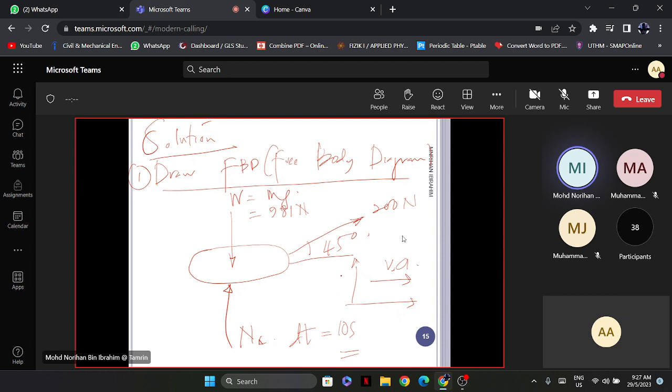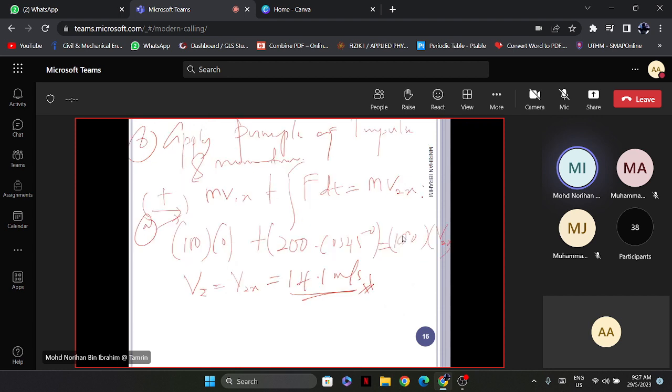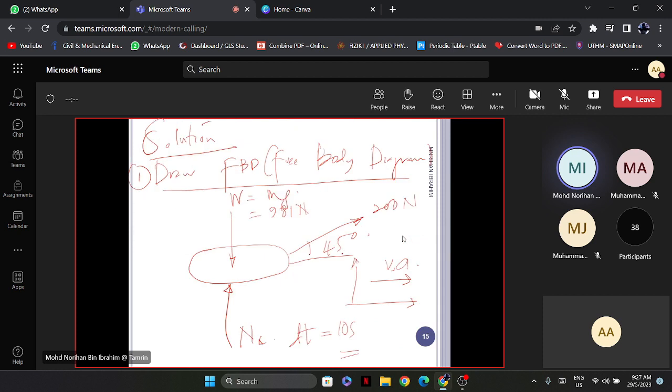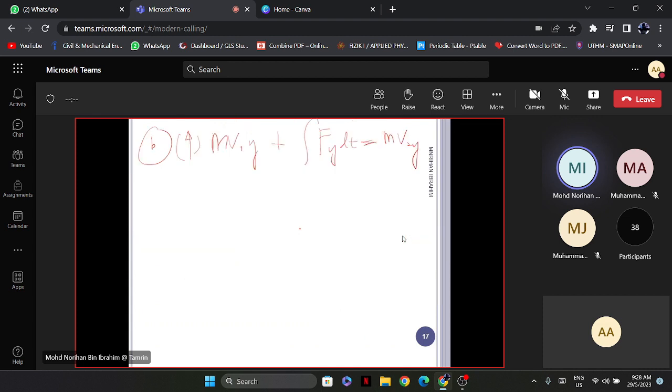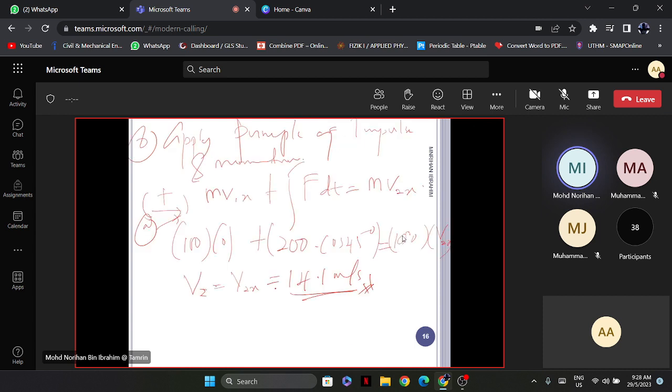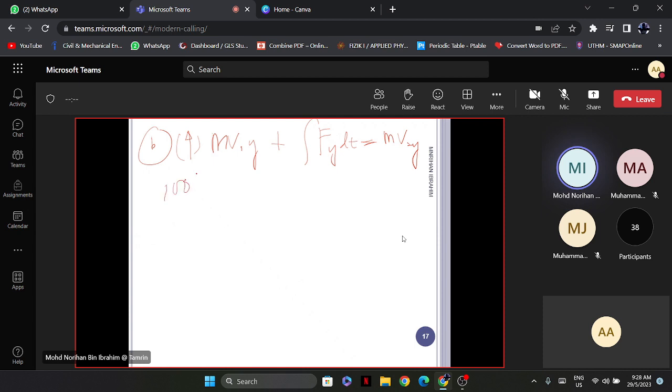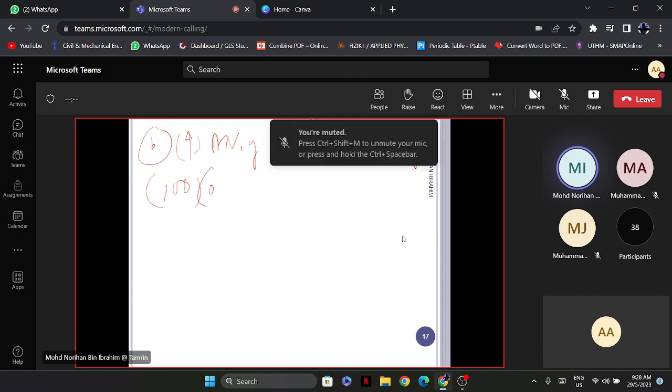There are three: NC, W, and the component of the 200 Newton force in the y direction. So that means NC minus W plus 200 sin 45 degrees. We substitute: mass is 100, multiplied by any motion in the y direction. In this case, there is no motion in the y direction, so it's equal to 0.